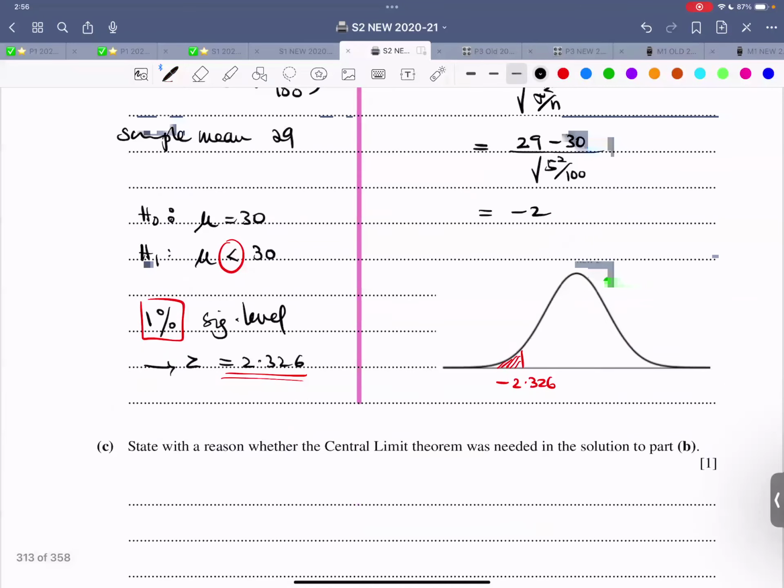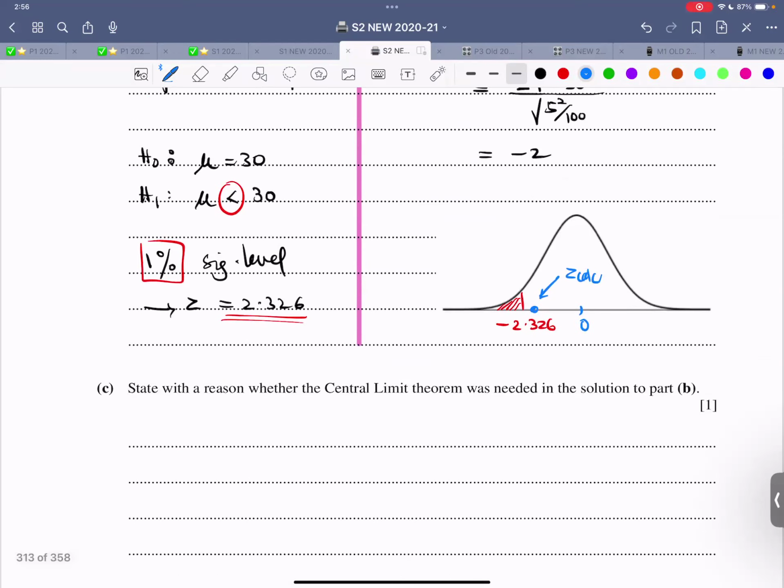Does this calculated Z value lie in the confidence interval? This is 0, so negative 2 lies on the outside. The Z calculated value does not lie in the critical region or rejection region. Therefore, do not reject H naught, accept H naught.